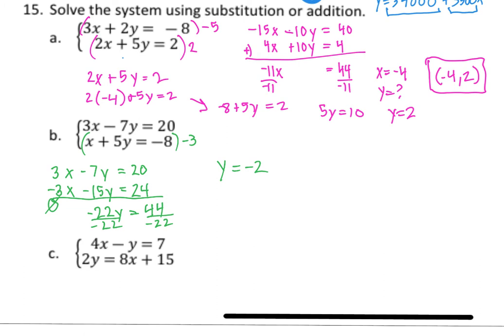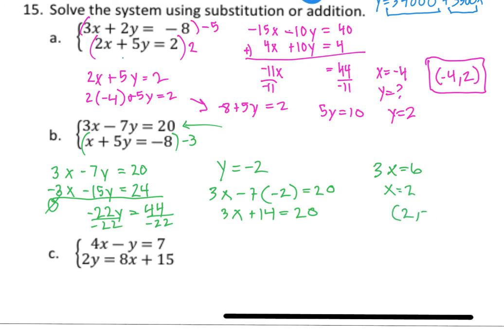So let's just plug it into this top one. We have 3x minus 7 times negative 2 equals 20. So 3x plus 14 equals 20. 3x equals 6. So x equals 2. So our solution is x is 2, y is negative 2.